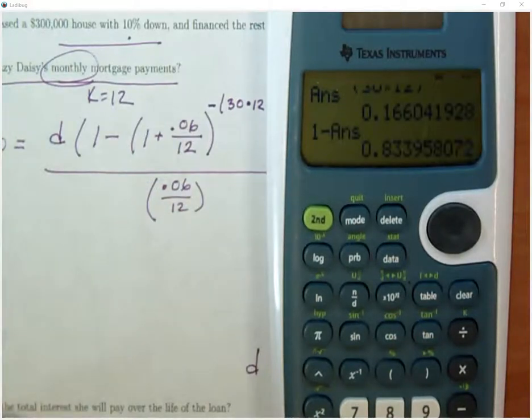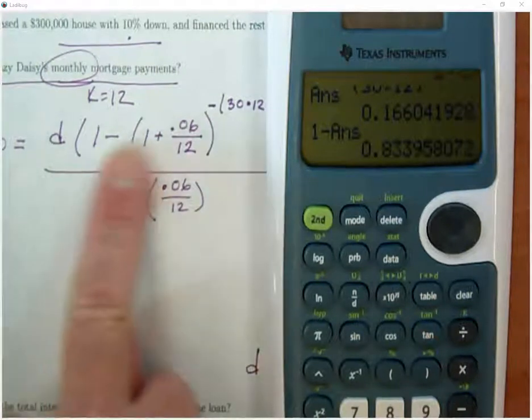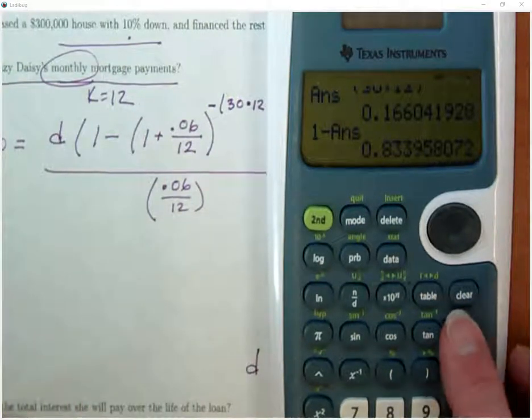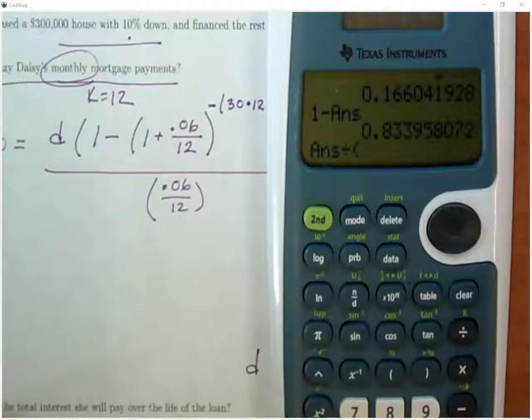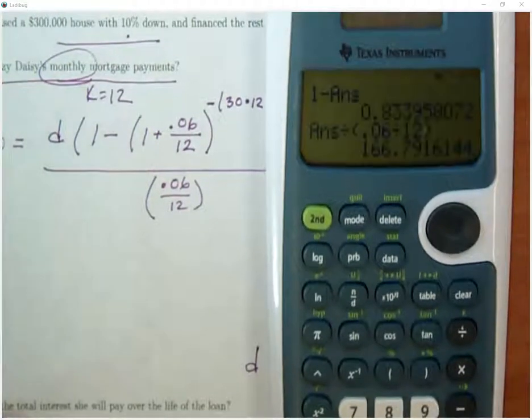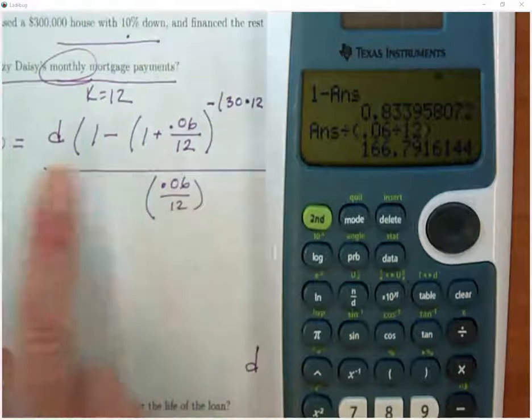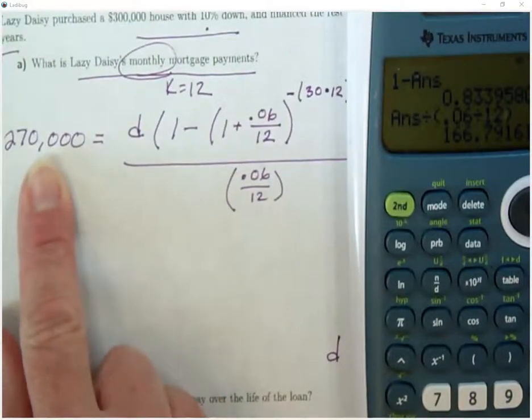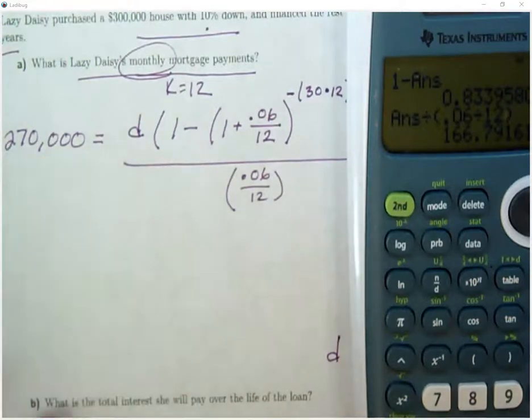So we have 0.83395 for this value, and now we're going to divide all that by the 0.06. Use parentheses, divided by 12. So I have $166 and so on and so forth. Now I need to take and divide the 270,000 by that number.